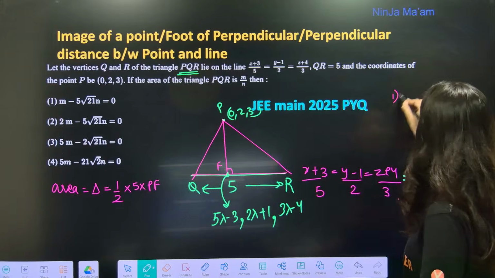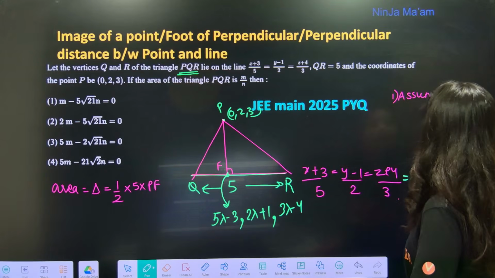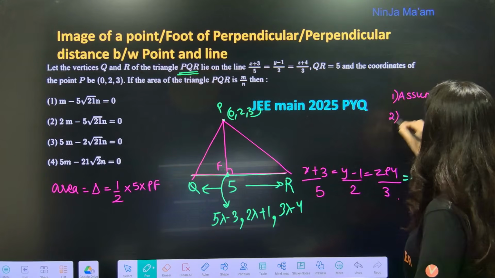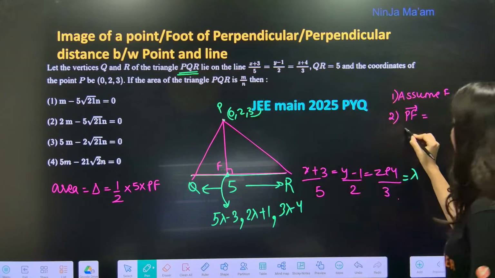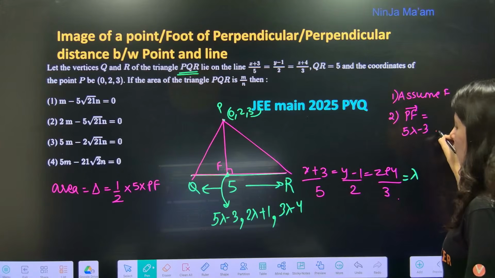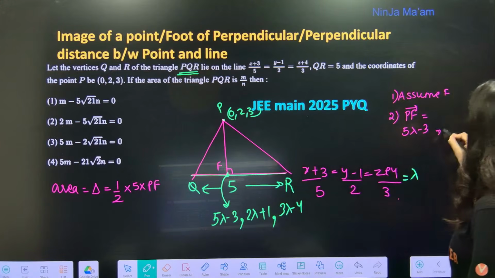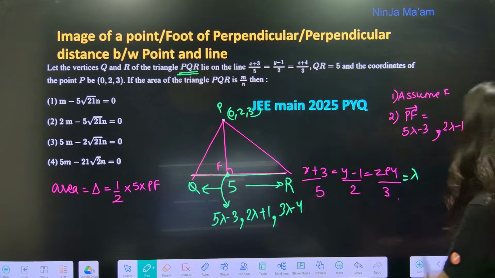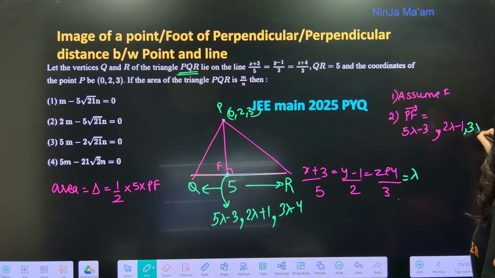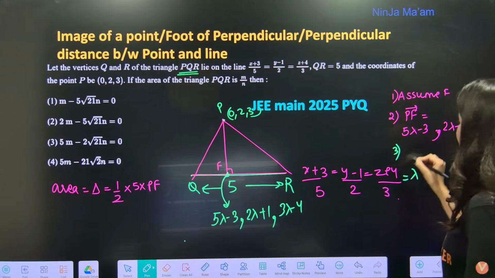So first step, assume F. Yes, ma'am. Done. Second step, find PF vector. PF vector 5 lambda minus 3 minus 0, comma 2 lambda minus 1, comma, okay, ma'am, 3 lambda minus 7. Okay. Now third step, take dot product.